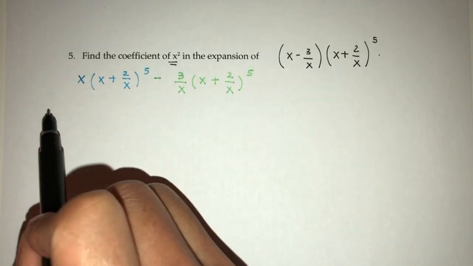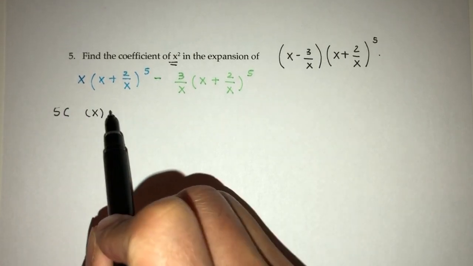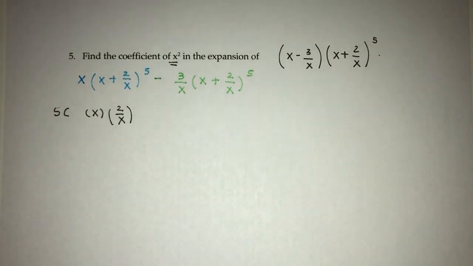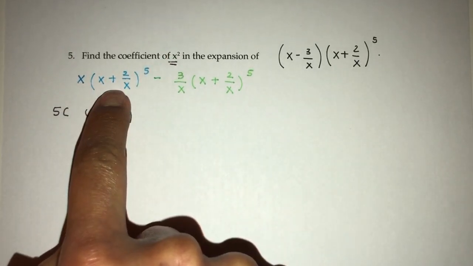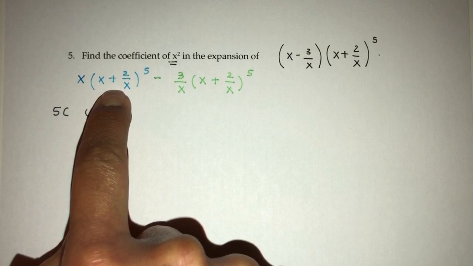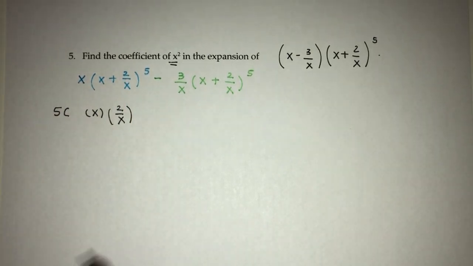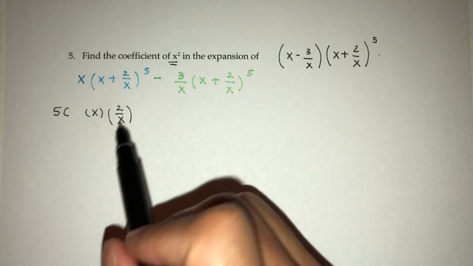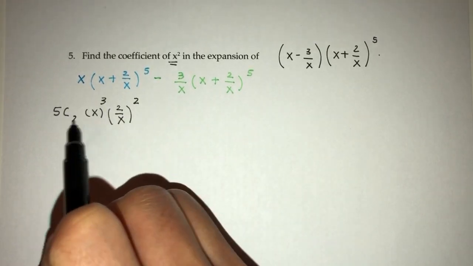So this one will be 5 choose something, then we have x here, then we have 2 over x here. Now, for us to get something in x squared, we need something inside with power of x just one, right? So that x times x becomes x squared, if that makes sense. So we have to put 3 here, and 2 will be here.